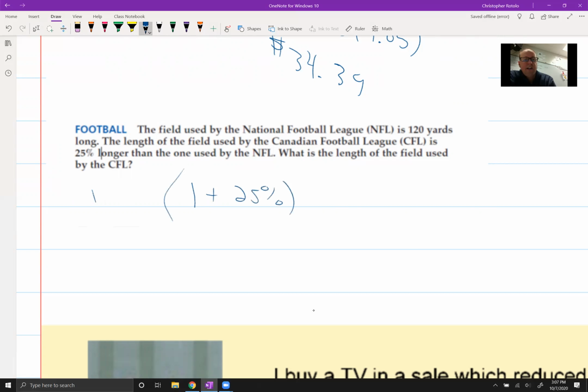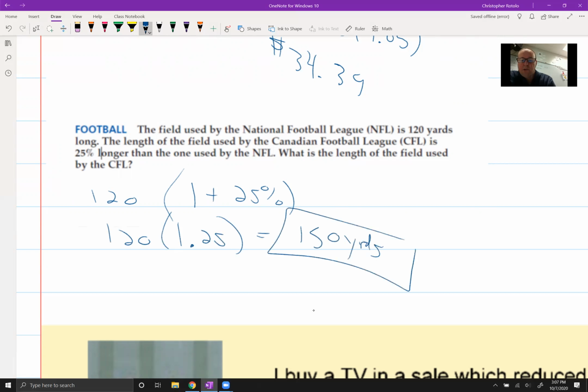Okay, just trying to get that idea down. Okay, so 120, so it's 1 point, this would be 25. So how long is the Canadian football field? It's 150 yards. And that's why it's so exciting, right? So if you don't want to watch the NFL, you just want to try something different, go ahead, flip around the channels until you find a Canadian Football League.